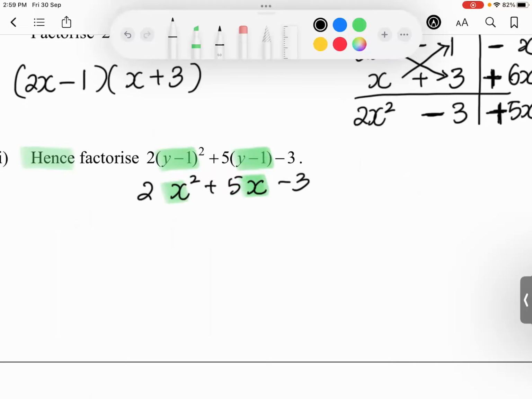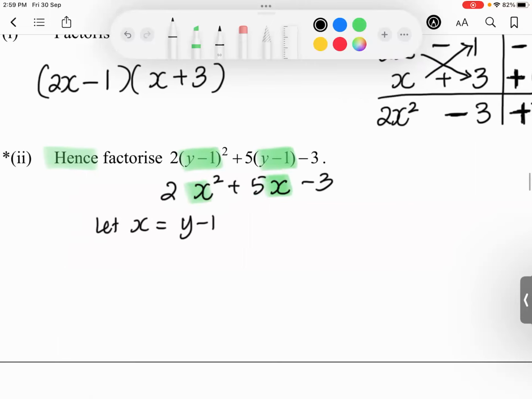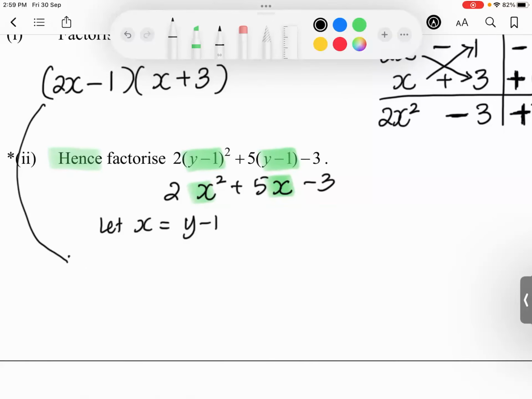The x is actually y minus 1, correct? So I'm going to let x become y minus 1. Using my answer from the top over here, this is 2 times x minus 1, and this is x plus 3. My x is now changed to y minus 1.